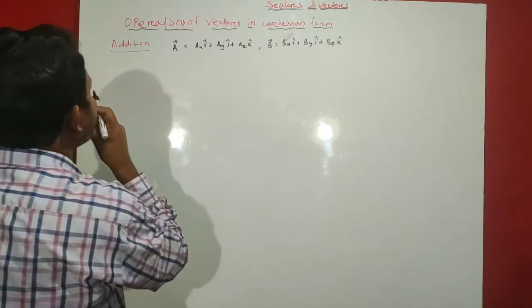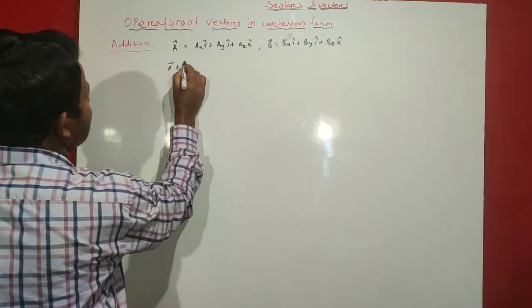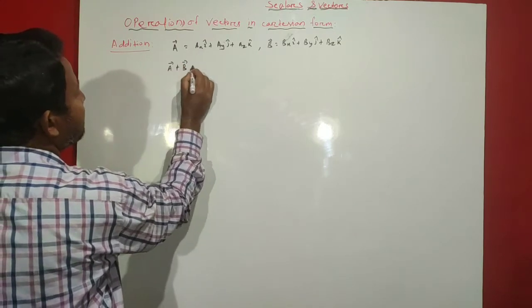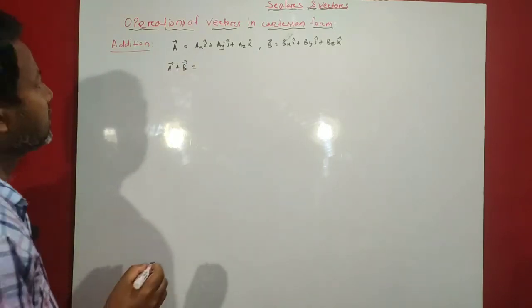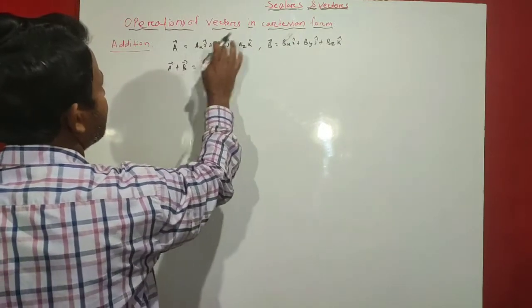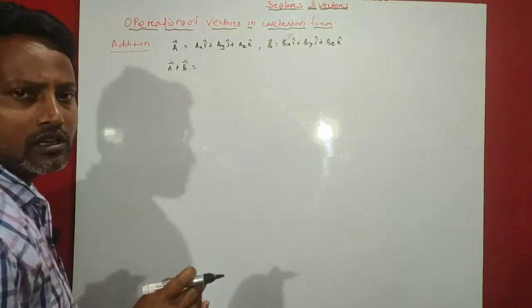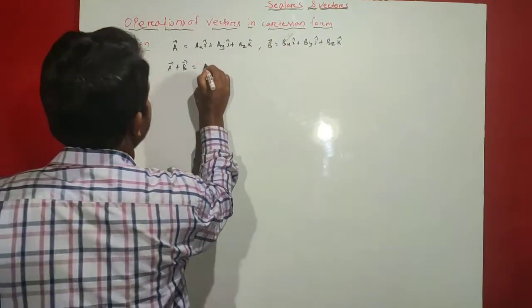Now we find the addition. That means we add b vector with a. Then we have to add their x component and their y component. Very simple. Addition is very simple.